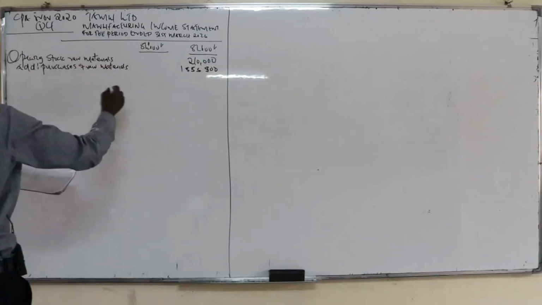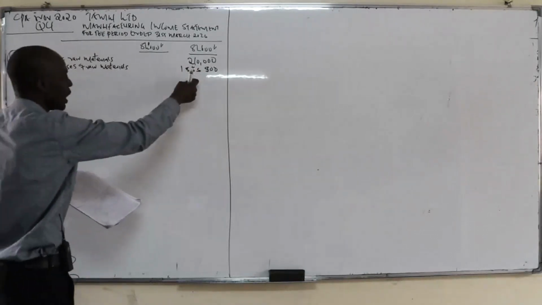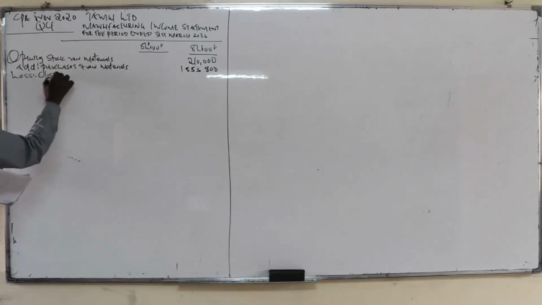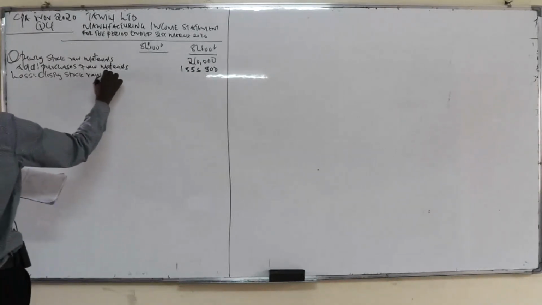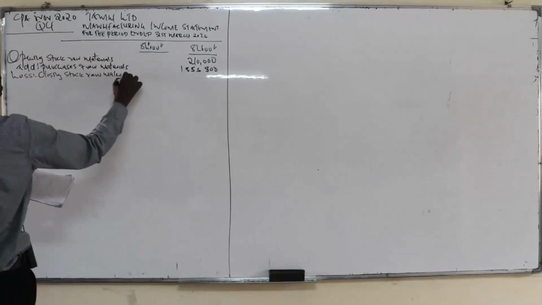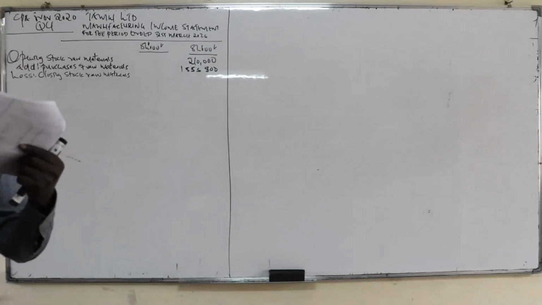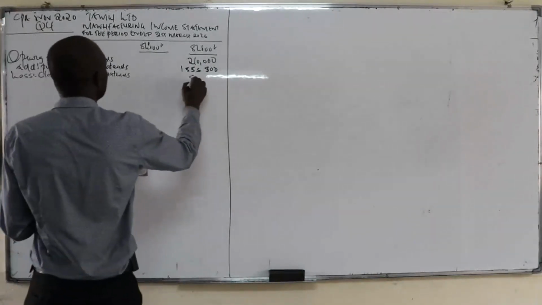So those items that I was explaining, supposing you had return outwards, you deduct from purchases. In case we had carriage inward, you add it to purchases, isn't it? And then you less closing stock raw materials. So this one you get from the additional information, additional information number 7, which is 56,200.